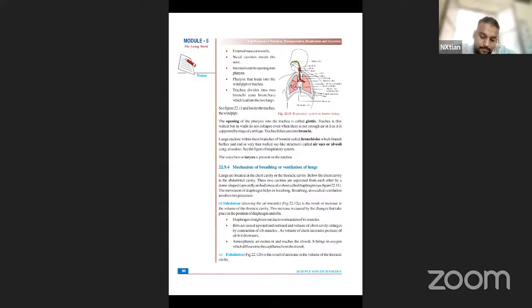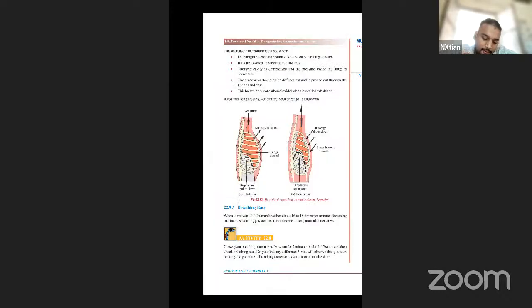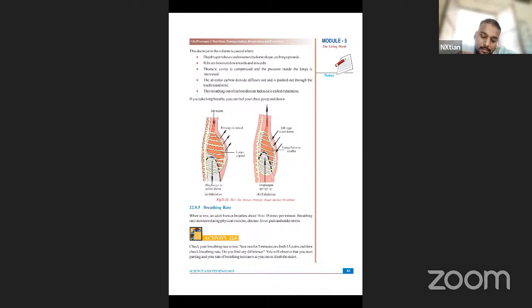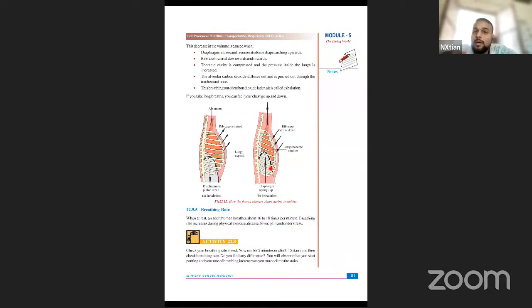See, this is your diagram. Can you see this? This is called the diaphragm, this black part. Can you see that? When it's in the shape of a dome, like this. But when you inhale, it will become flattened, so that maximum air can come in.